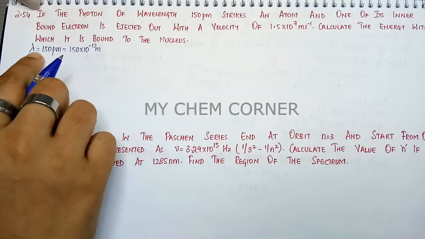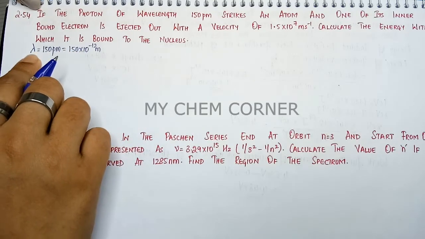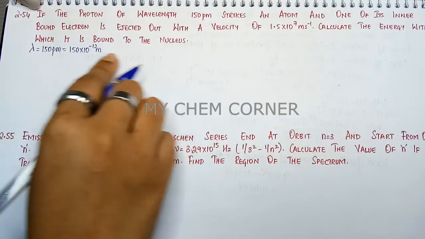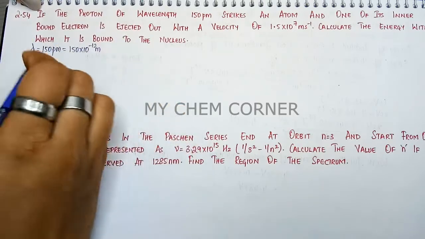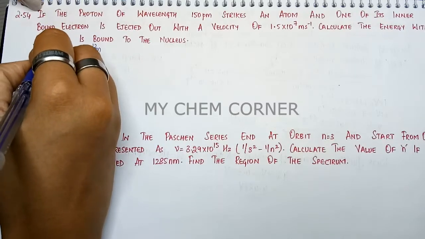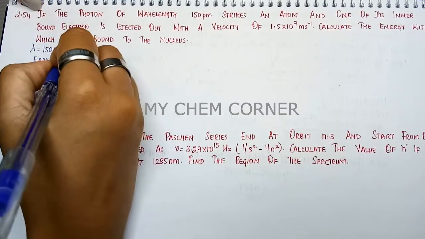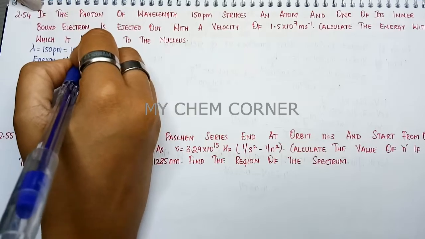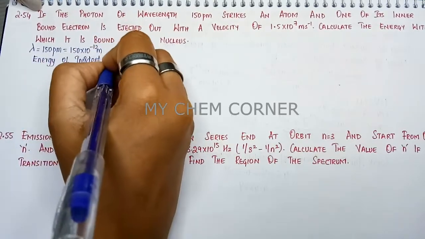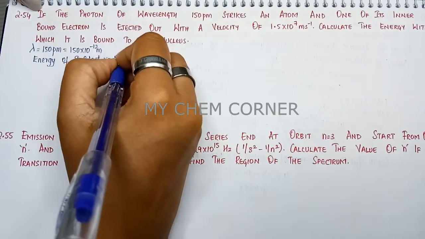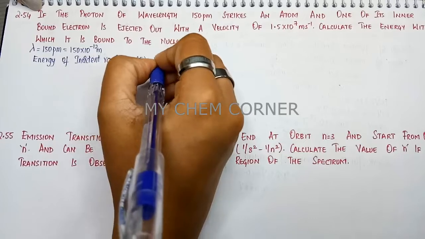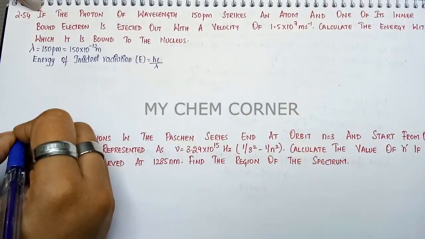Now, to show the relation between lambda and the energy related to this wavelength, that is the energy of the incident radiation, you will have E equal to hc by lambda.